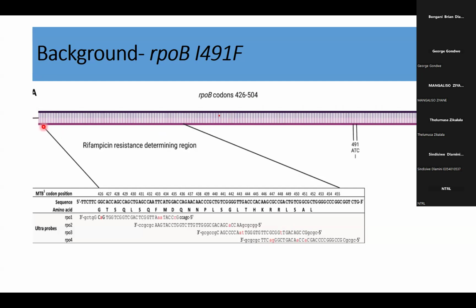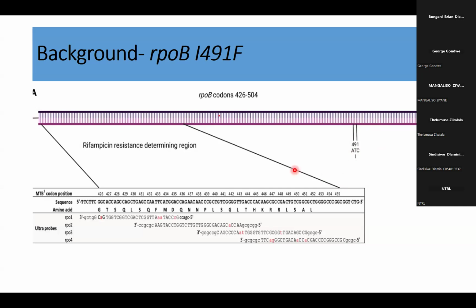GeneXpert will start from here to here. That's where it's going to focus. Then the mutation happens outside where GeneXpert and also LPA detect. That's why you will have cases whereby, because you are focusing on this region, we will think it's susceptible, yet in actual sense, it's carrying some resistance because of this I491F.